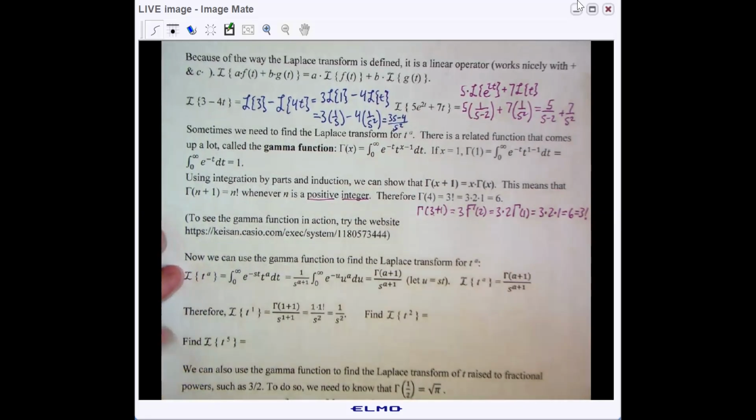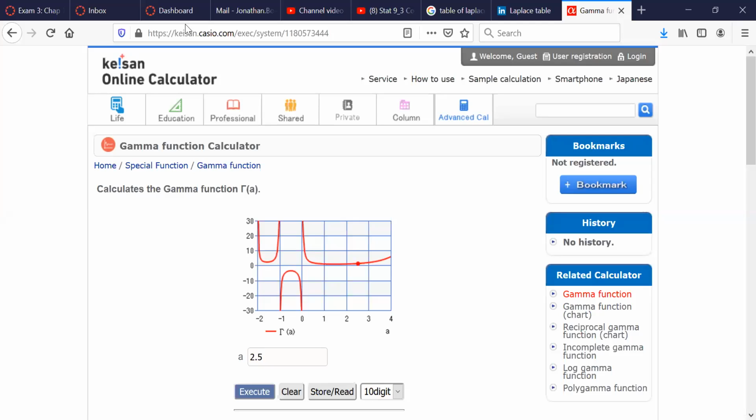Okay. There's a spiffy little applet that I found. There's many of them, but one that I found that you might enjoy is this one right here at keisan.casio.com.